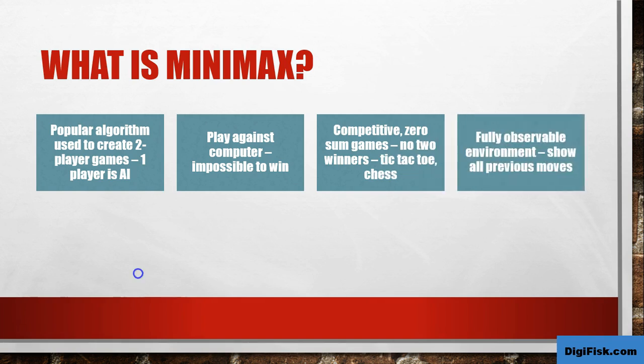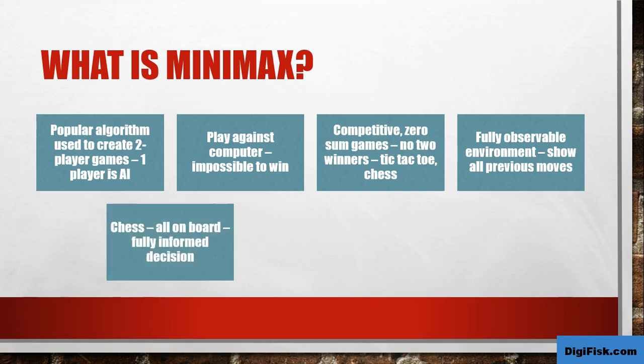The second condition needed to use the MiniMax algorithm is something called a fully observable environment. The game should always show all the previous moves made by all the users and the current state of the game at every step of the way. For example, in chess, everything is out there on the board.